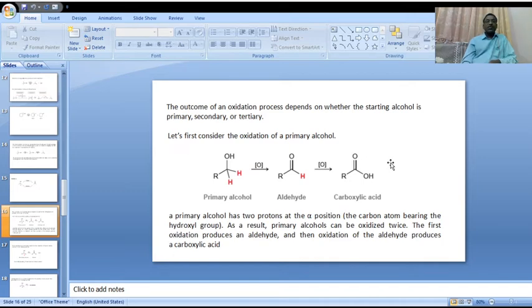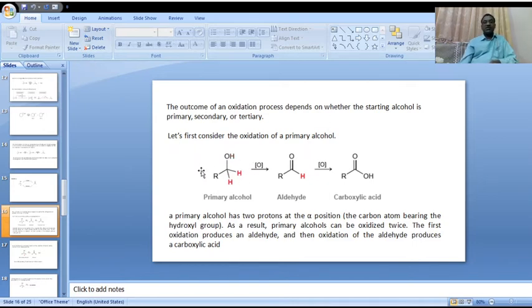A primary alcohol has two protons available at the alpha position. This is the alpha carbon, the carbon atom bearing the hydroxyl group. This alpha carbon contains two protons and the hydroxyl group.